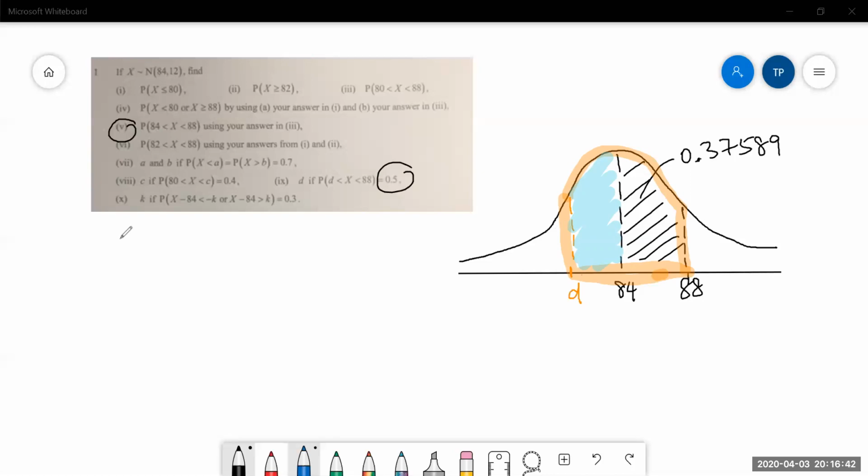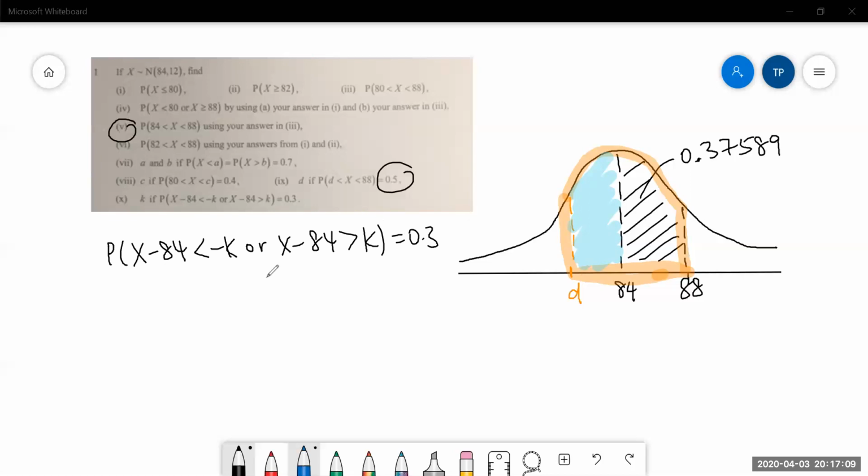Okay, last one. Find K if probability of X minus 84 is lesser than minus K, or X minus 84 is greater than K, is equal to 0.3. It's not a dash, it's a minus.